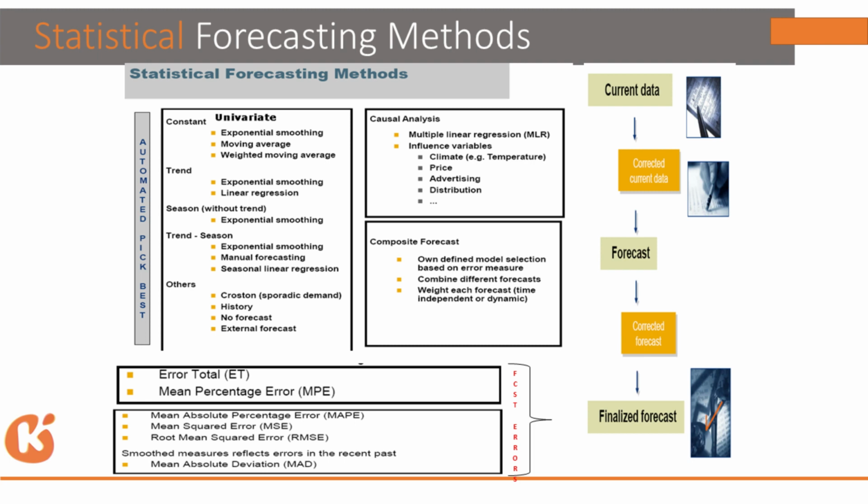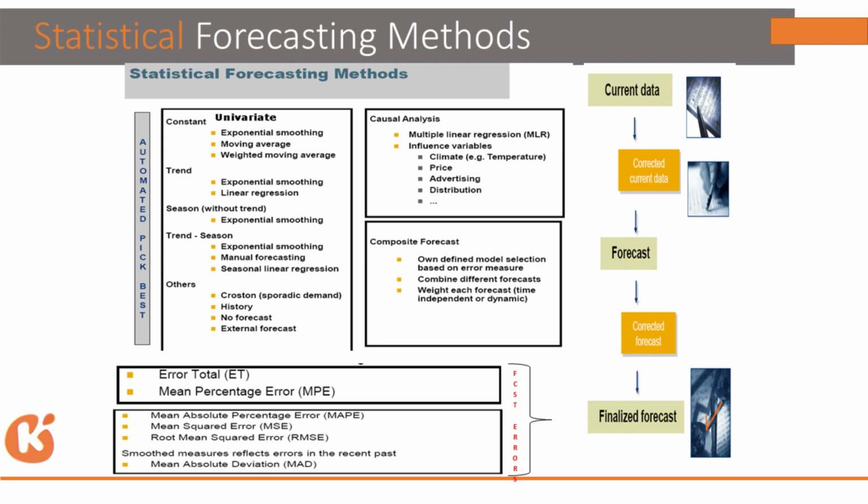For products selling constantly, apply the constant formula. For products selling with a trend, apply the trend formula. For products with seasonality, give the seasonal formula. So first you group them, then apply the right formula, and you will get the right results. Whether the results are correct or not, we can measure by forecast errors, and based on the errors, you can fine tune the forecast.